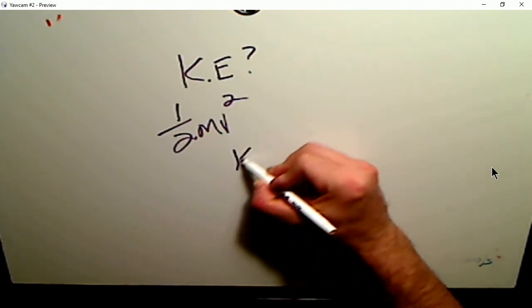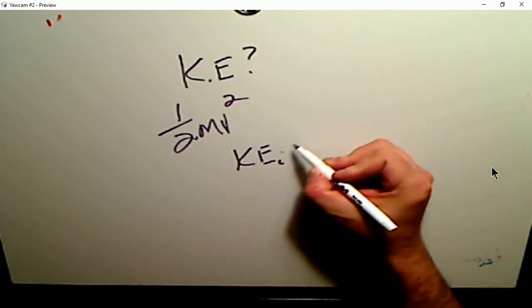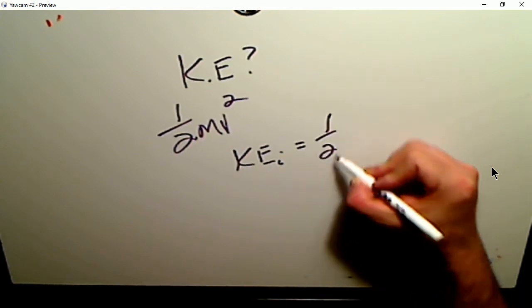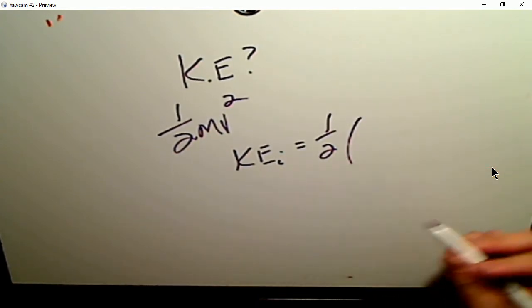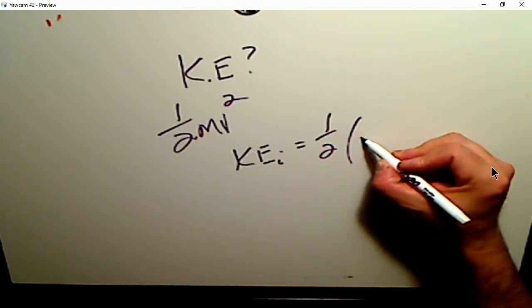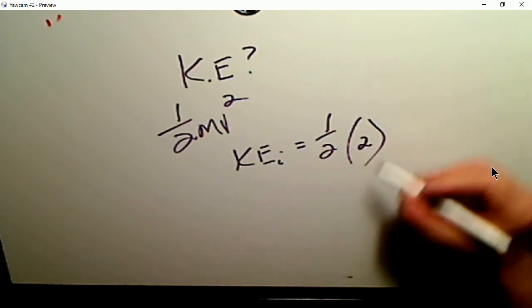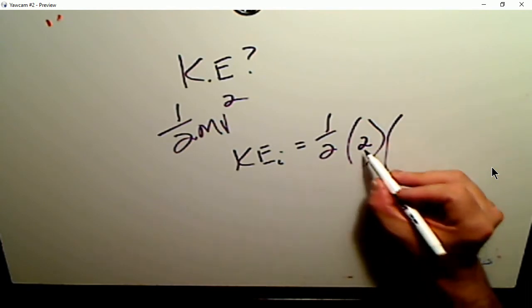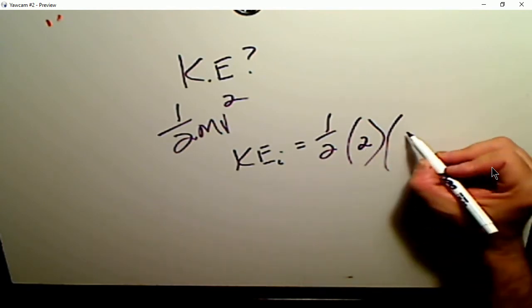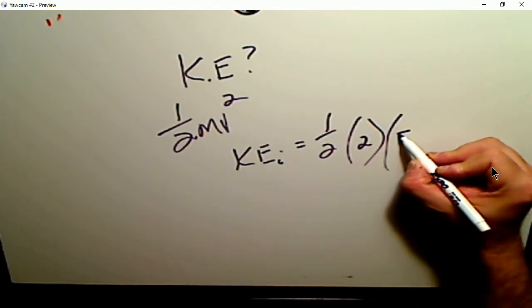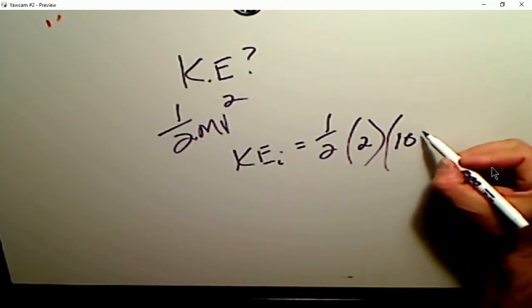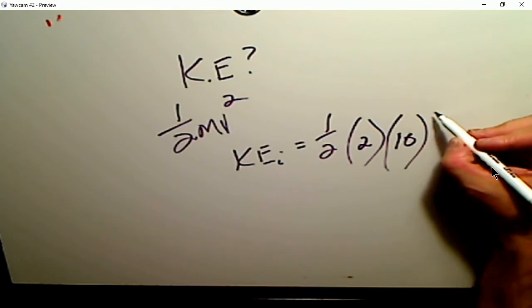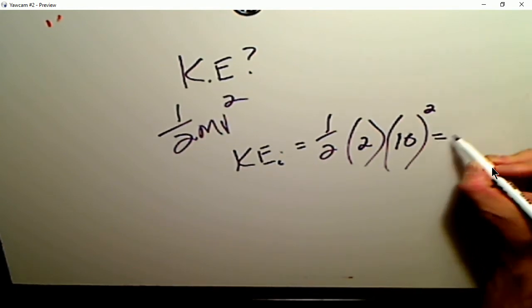The initial kinetic energy is equal to 1/2 times the mass of the ball, 2 kilograms, times its speed, 10 meters per second, squared, gives you 100 joules.